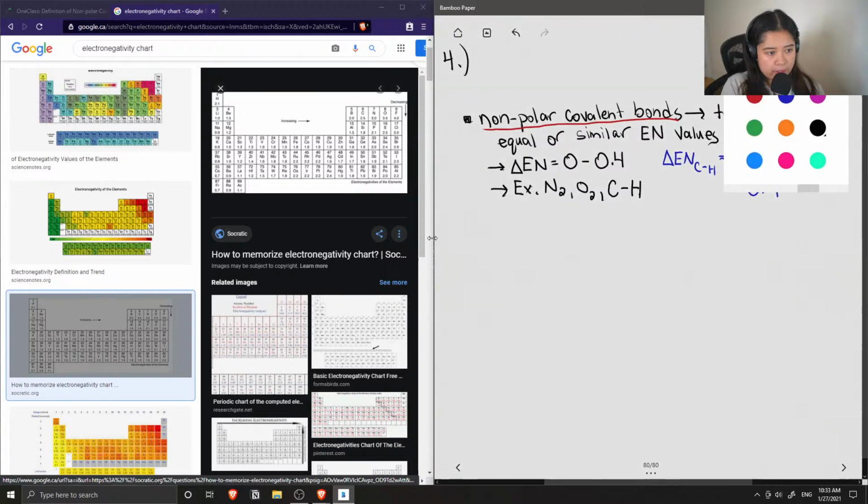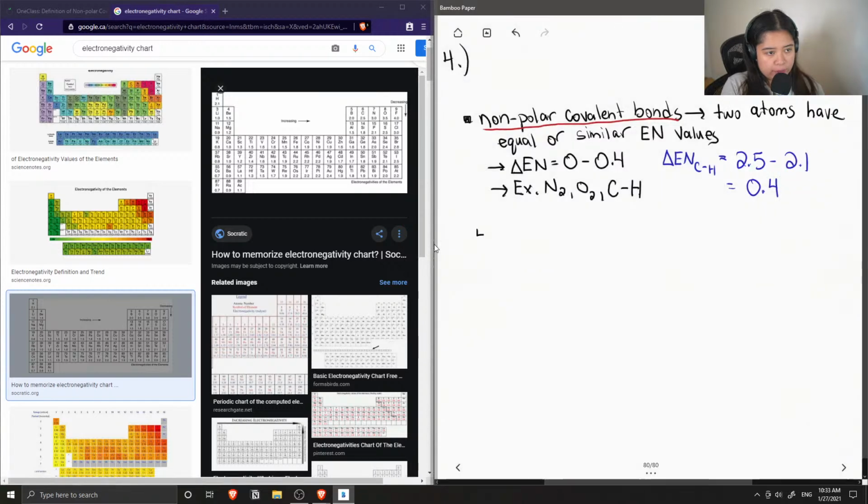So now we can compare nonpolar covalent bonds with polar covalent bonds.